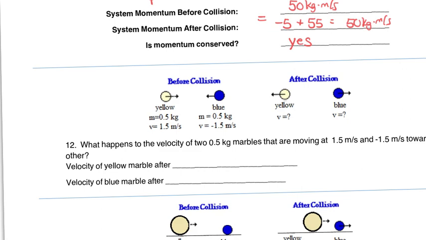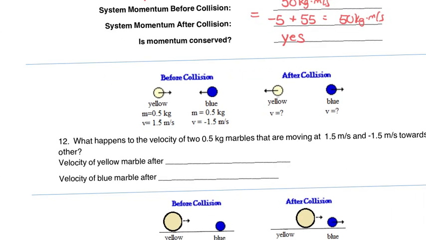All right. In this case here, the question says, what happens to the velocity of two 0.5 kilogram marbles that are moving 1.5 meters per second and negative 1.5 meters per second towards each other? In this case, because you have two masses that are equal to one another, when they bounce off of one another, the velocity will be conserved.